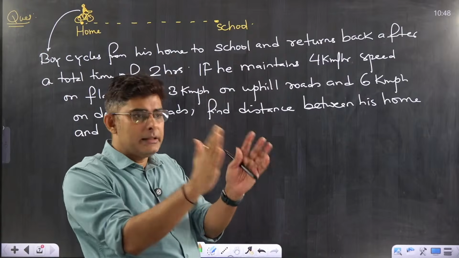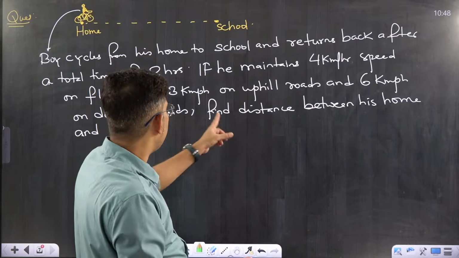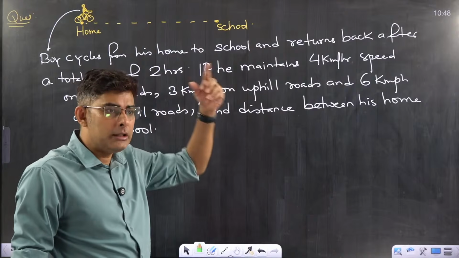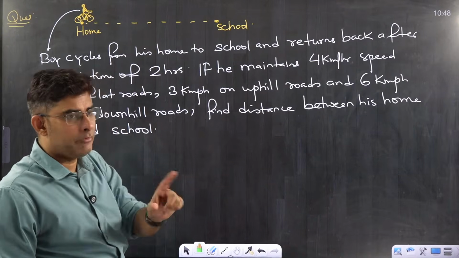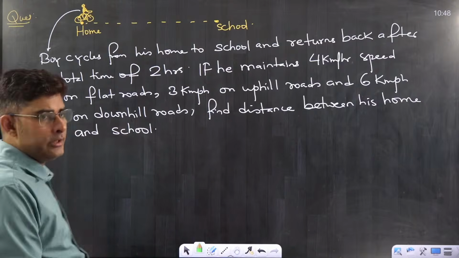But total uphill I can treat as one uphill or not? Total uphill I can treat as one uphill, because for every uphill he has a speed of 3. Total downhills I can treat as 1. Total flat roads I can treat as 1. Tell me fast, can I do or not? So let there be n number of uphills or downhills, it doesn't matter.